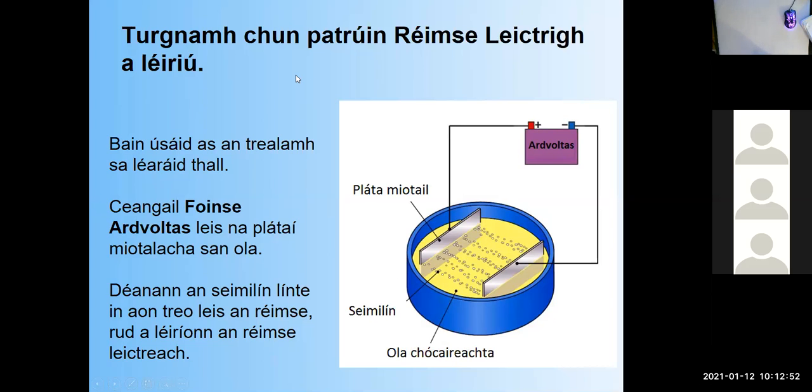In the experiment, you place semolina in oil between the two plates connected to a high voltage.